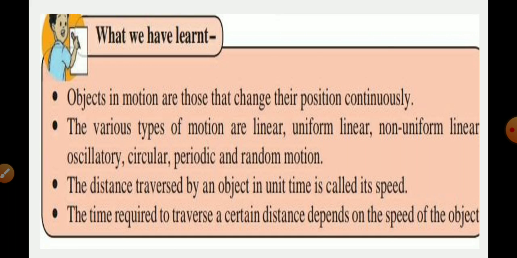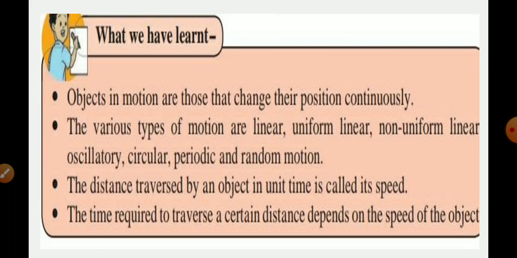The distance traversed by an object in unit time is called its speed. The time required to traverse a certain distance depends on the speed of the object. Understood? These are all the points we have learnt in this lesson.